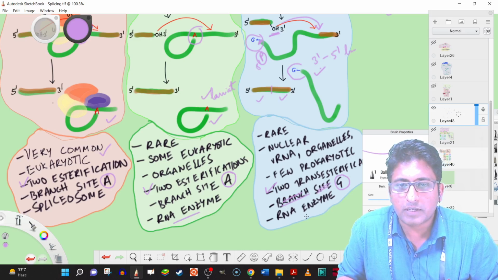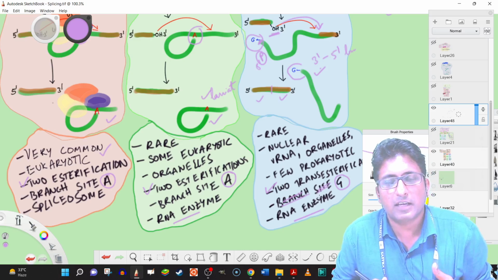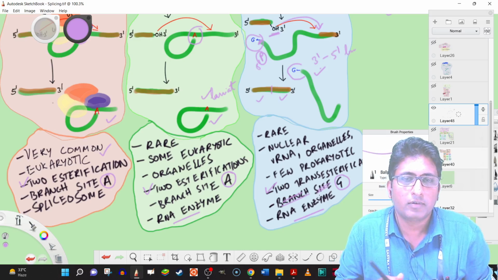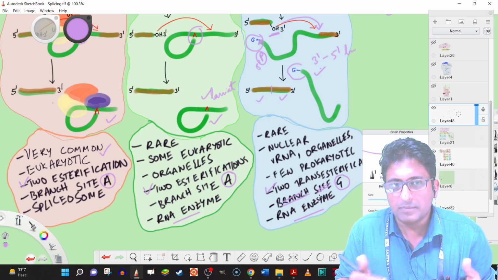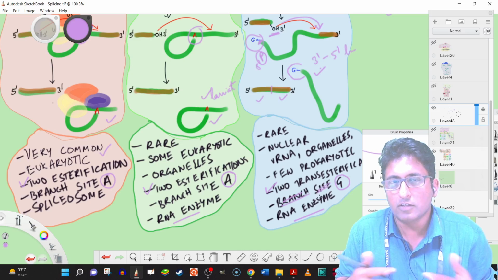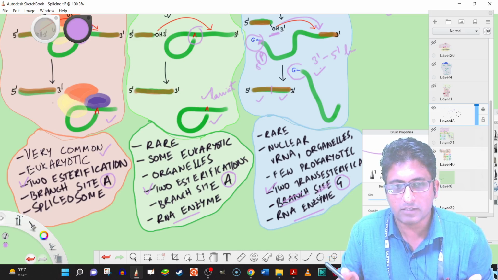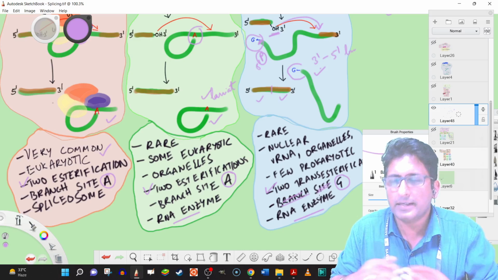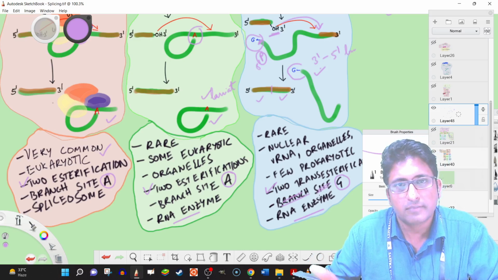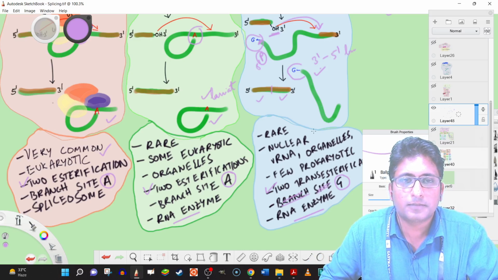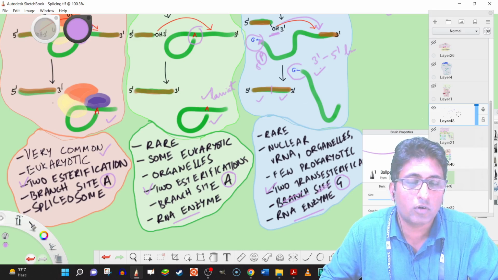These 2 can be referred to as ribozymes or RNA enzymes because they do not require additional components. But at the same time, an enzyme is something that does not get consumed during the reaction, but here it does. Yet because it is able to do it by itself, at this stage we can call them RNA enzymes.